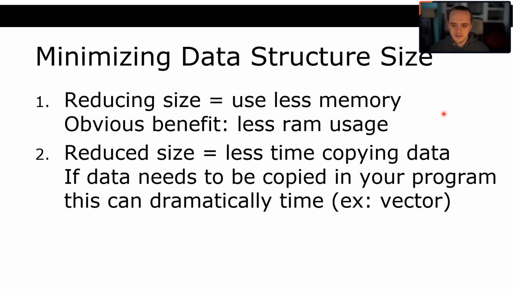So if your data needs to be copied in your program, this can dramatically reduce the amount of time that it takes. So for example, if you've got data stored in a vector and you add something to the vector and the vector has to resize, then that's copying a bunch of data. So if your data is smaller, then that takes less time as well.